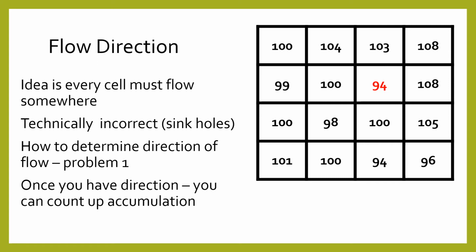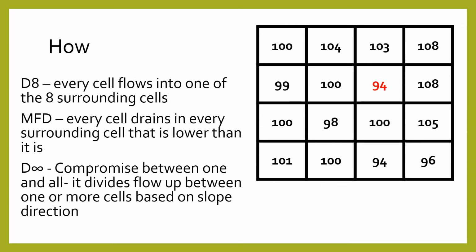And so you have to determine the direction of flow, and that's the first problem we have. And once you have a direction, then you can literally just count up accumulation. So over here to the right, we've got this nice little grid, and these are elevation numbers, and you can see that bright red 94 is lower than everything around it. That is a sink.